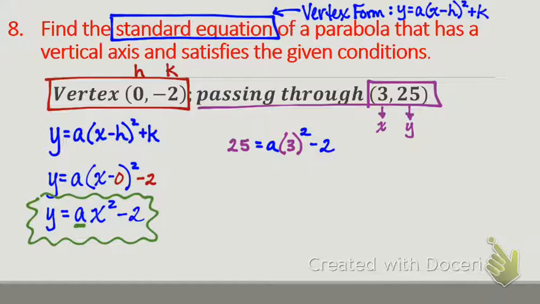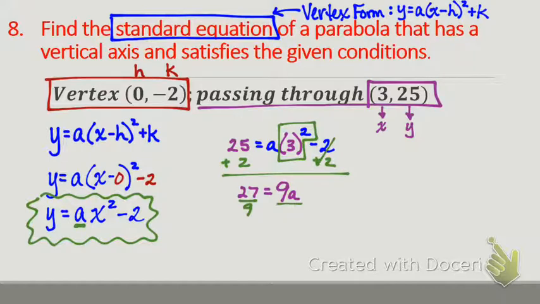And then I'm going to solve this. Order of operations says to start where? I can add 2 to both sides. We can do both of them at the same time. So that would give me 27 equals what? 9a. So what is my a value? 3.